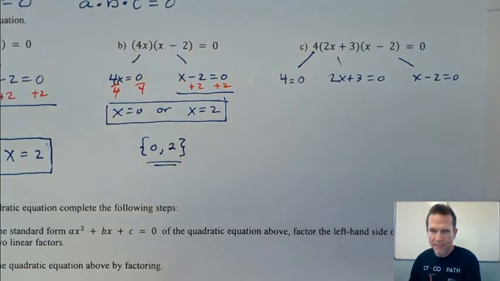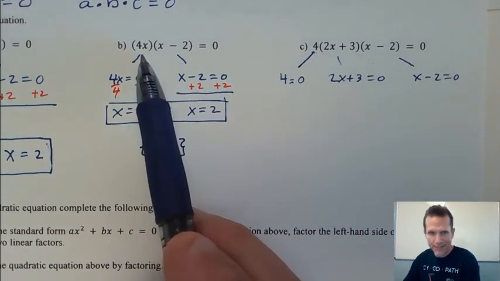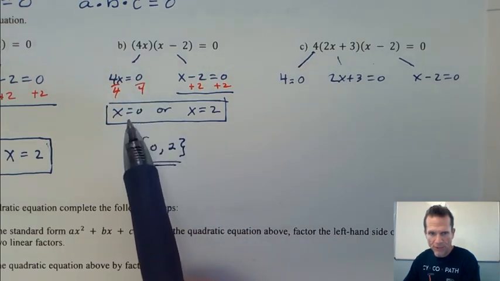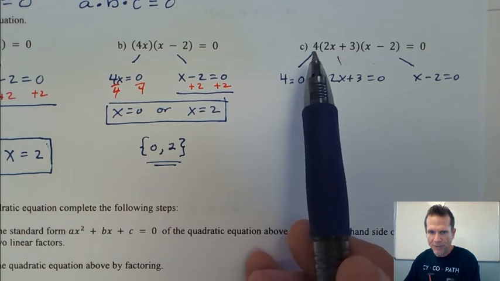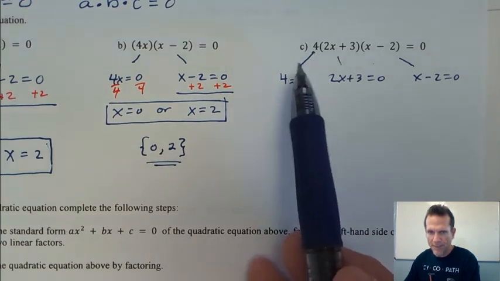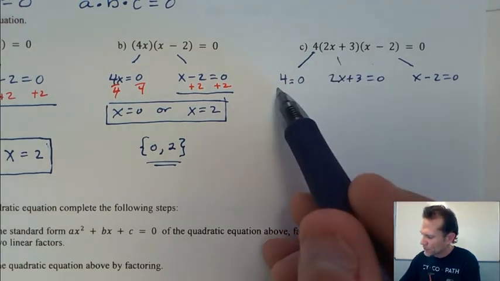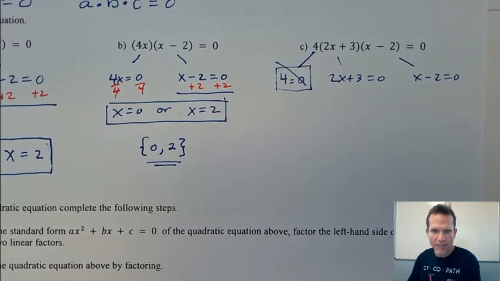You get 3 pieces set equal to 0. And see the difference between when it's a 4 and a 4x? When we have 4x equals 0, we get this statement, x equals 0. But when we have just a plain old 4, we get this statement here, which is just a bogus statement or a contradiction. So what I do at this point with this one is just cancel it out. That doesn't mean anything. It's a contradiction, okay?